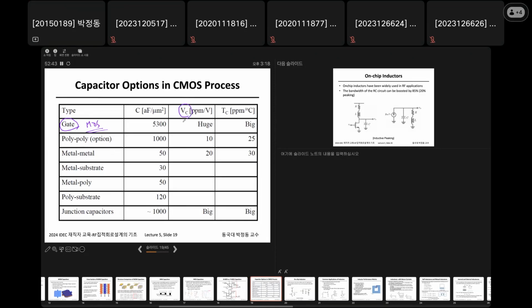But this MOSFET has the largest capacitance density. You guys should notice that you cannot use those two as a load, because it is a strong function of applied voltage, right?